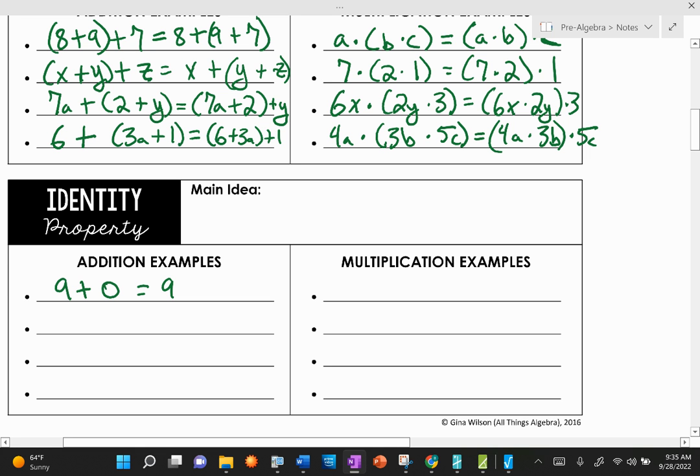In multiplication, what's the only number that I can multiply to something to not change the value? So the identity property is all about keeping the value of the number.